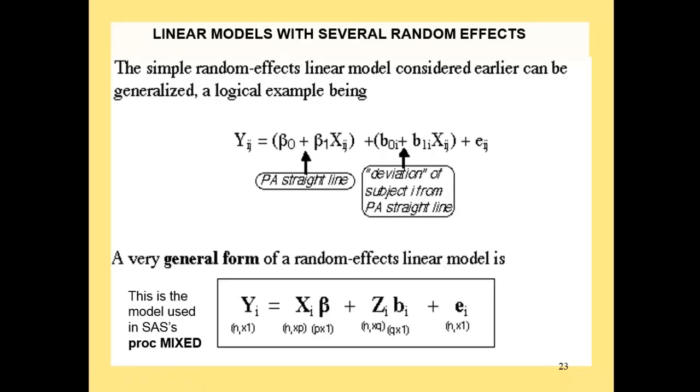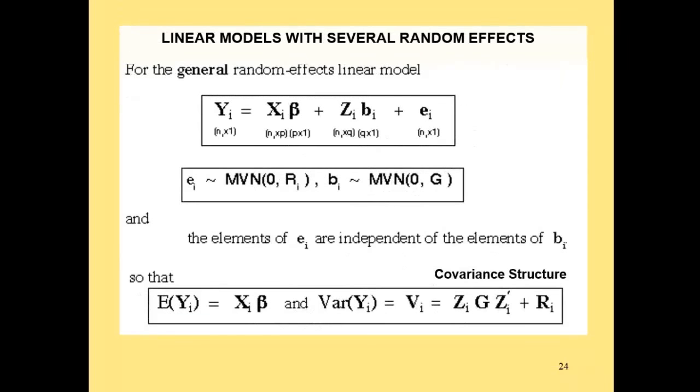Okay. When you're running Proc Mixed, you have to specify a correlation structure for the residuals. That's known as an R matrix. And or you can specify random effects, which go into something called the G matrix. And I'm going to talk a little bit more about that right about now. Okay.